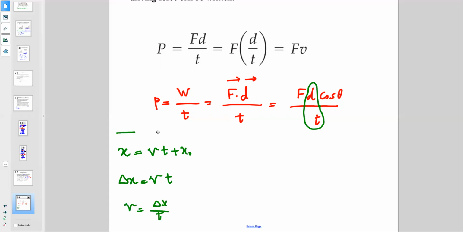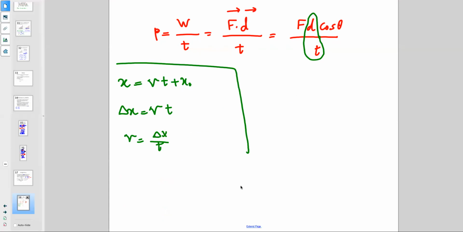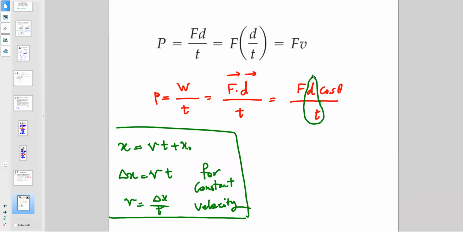This is the formula for constant velocity. So I have v here, and I can write this down as F v cosine theta.